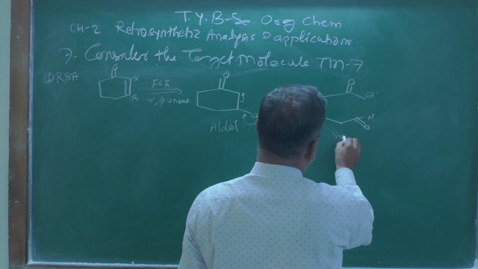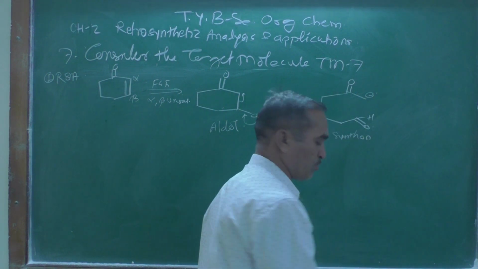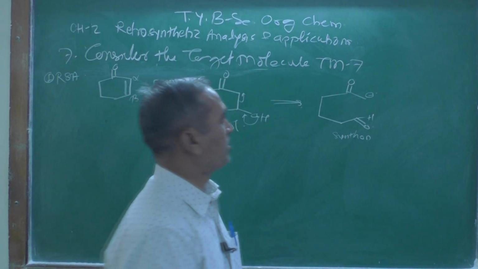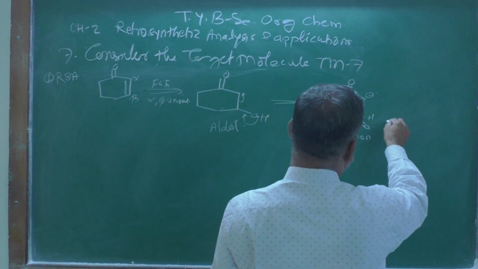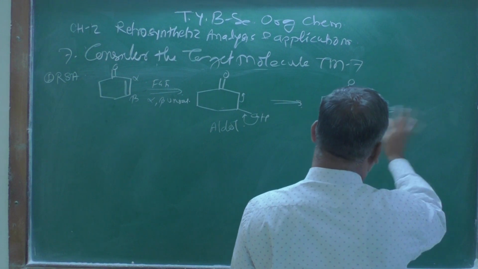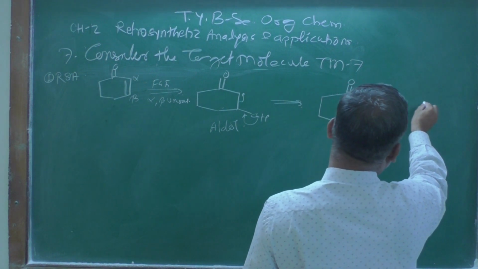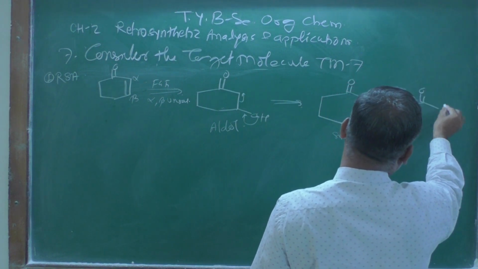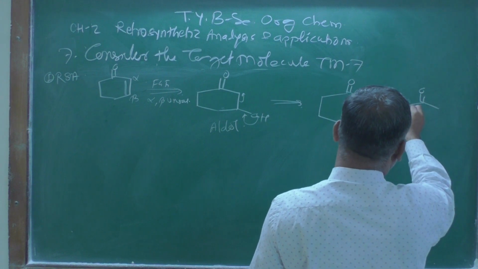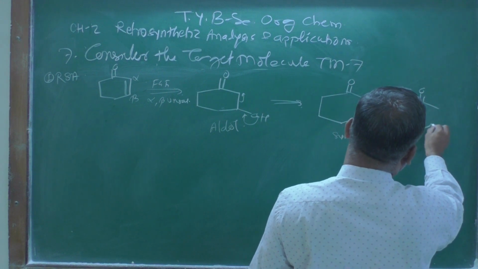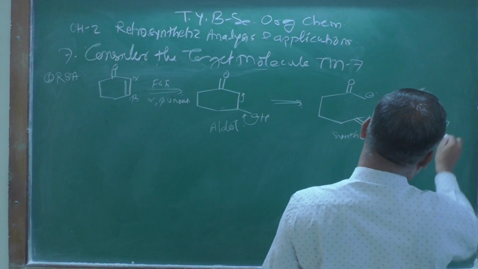And this is known as a synthon, right? And as we know, a synthon must have a synthetic equivalent. The synthetic equivalent for this I am writing here: C double bond O, with a CH3 group, and then C double bond O with hydrogen atom.